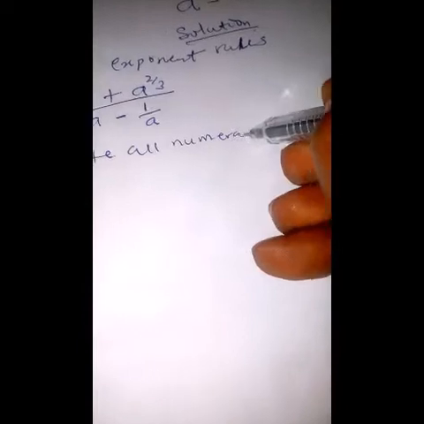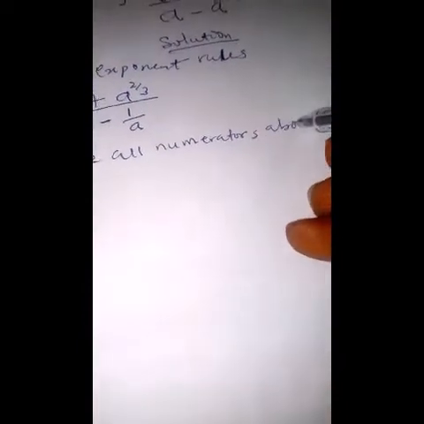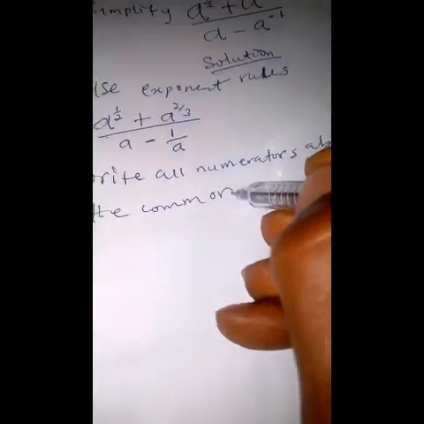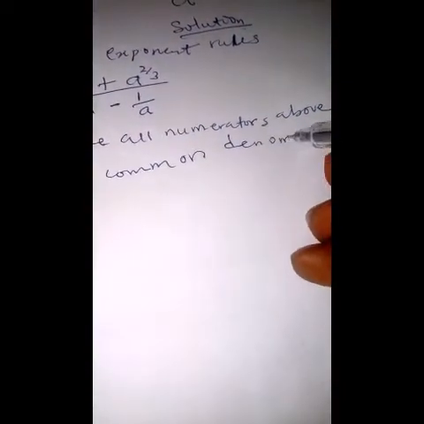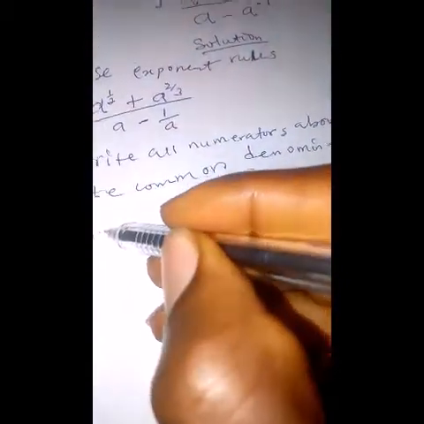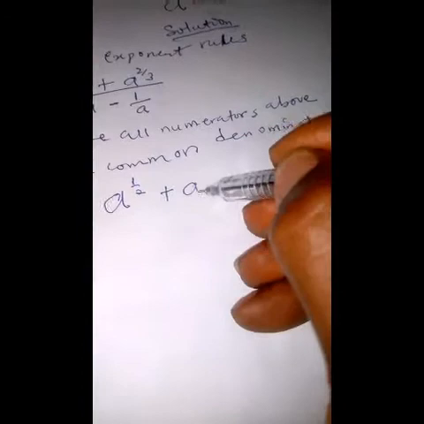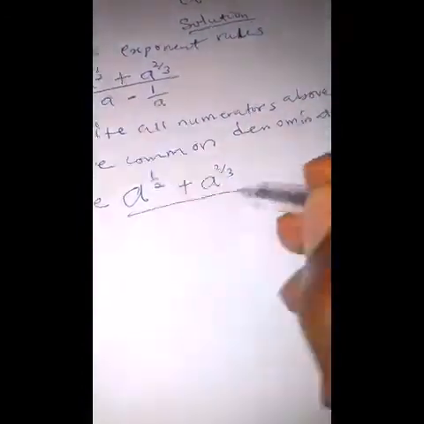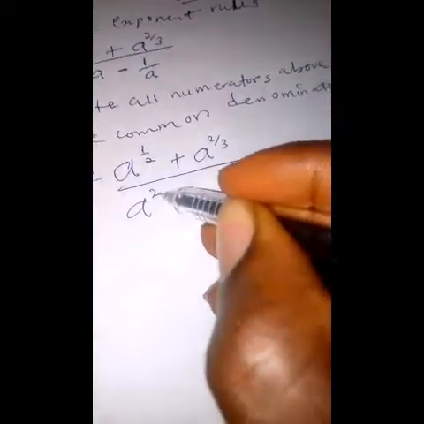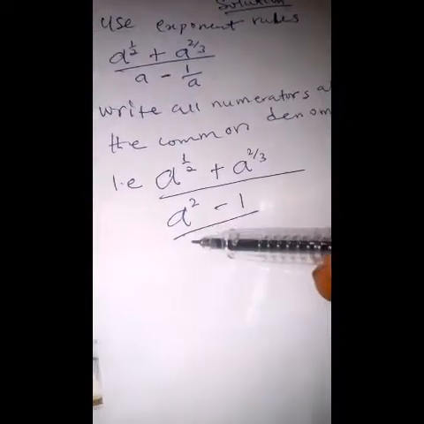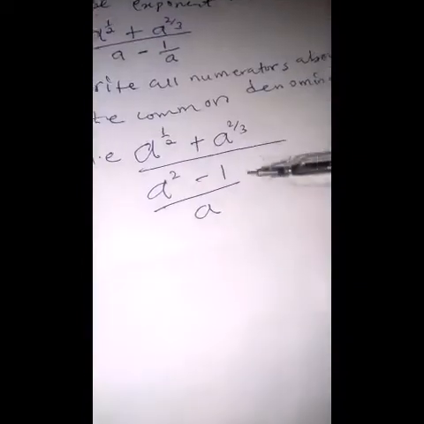That is a raised to power 1 over 2 plus a raised to power 2 over 3, over a square minus 1 all over a. So this is what we get when we write all the numerators above the common denominators.